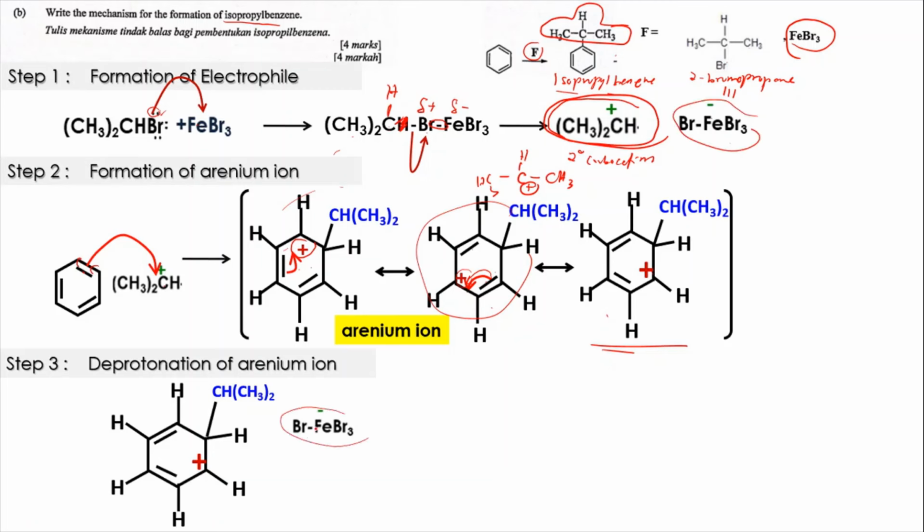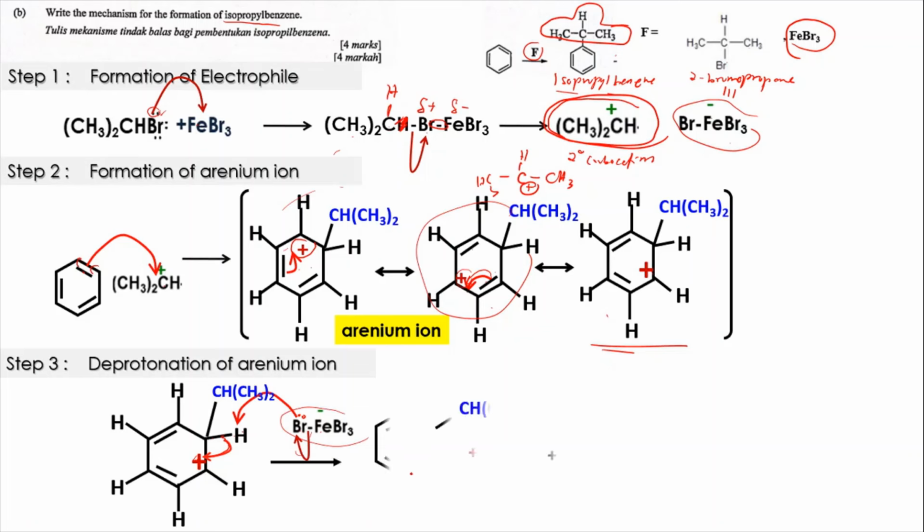So I'm going to use it again in step number 3. And what's going to happen here is that I'm going to break the bond in between Br and FeBr3. Okay, and Br here is going to have the lone pair. So the lone pair is going to be used in order to take up the hydrogen, and the bond of CH is going to be broken and transferred into the benzene ring in order to hilangkan H positive charge tersebut.